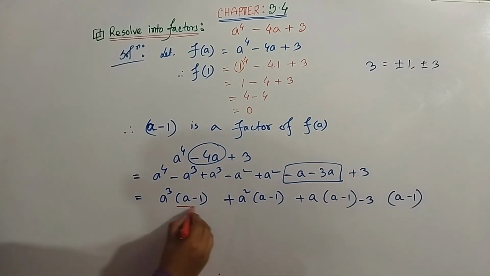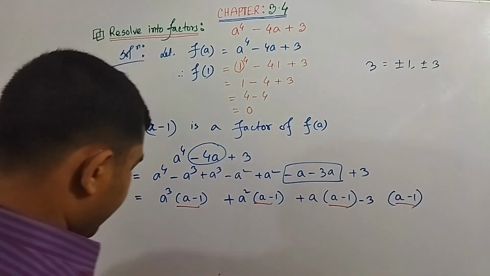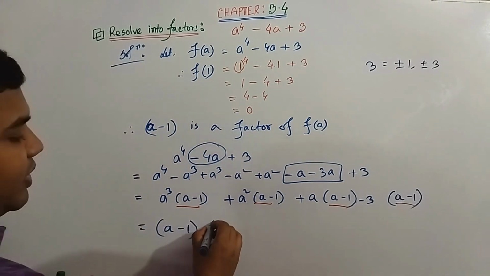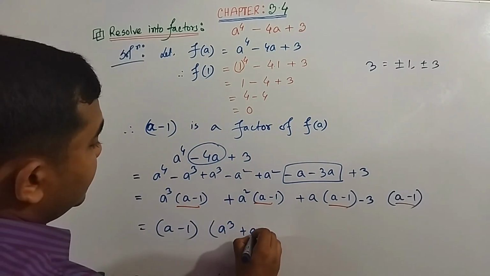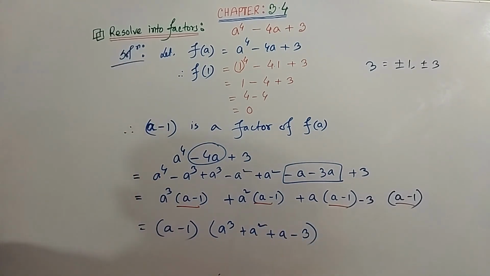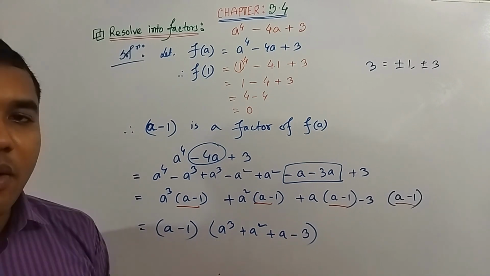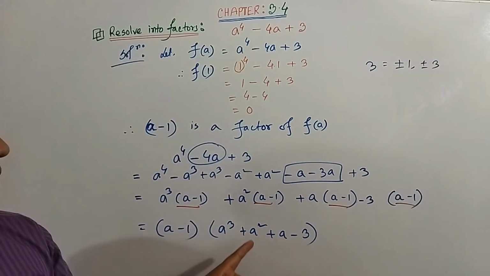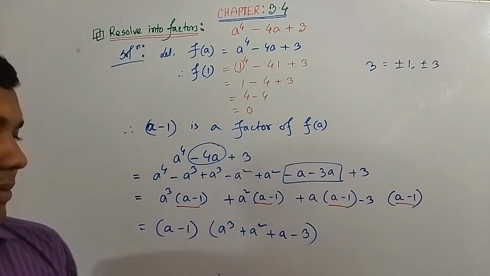Now what we have found here is a minus 1 as the common thing, and here we'll get a cube plus a square plus a minus 3. The problem here is that again we get a power more than 3, so we have to go for this type of calculation again.